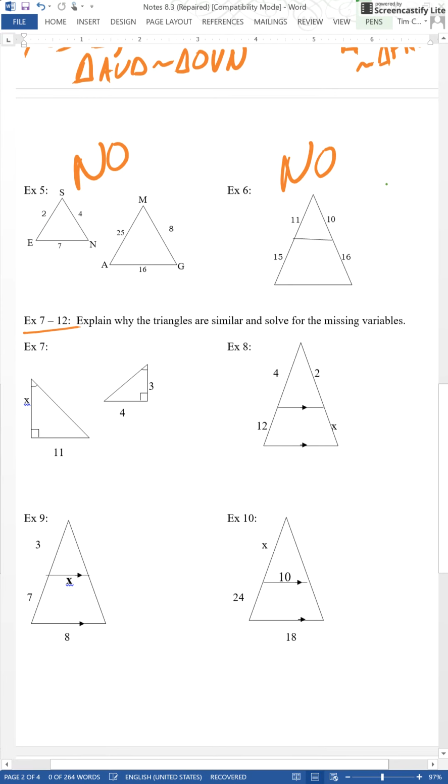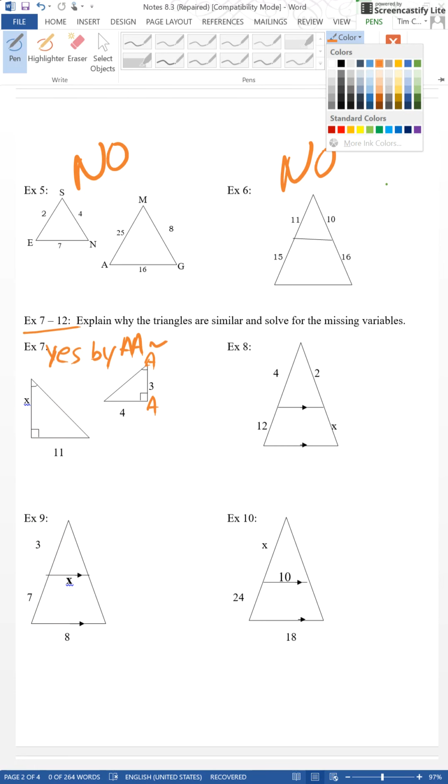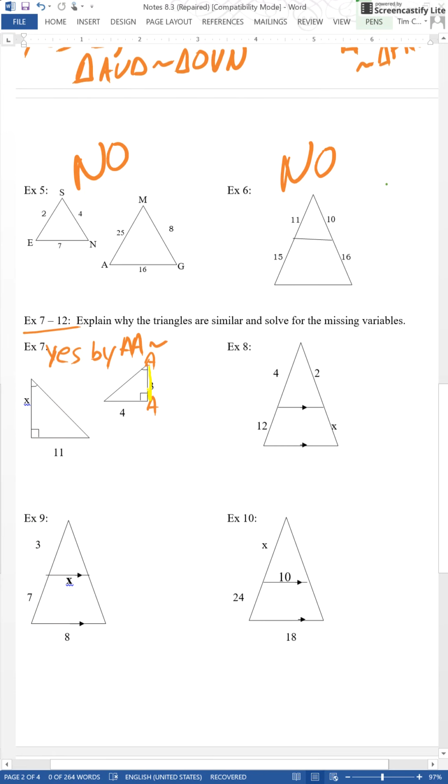For 7 through 12, it says explain why the triangles are similar and solve for the missing variables. So why are these similar? Well, there's an angle and an angle. So yes by angle similarity. And I'm going to solve. So this side right here, the yellow side, is the same as that one.